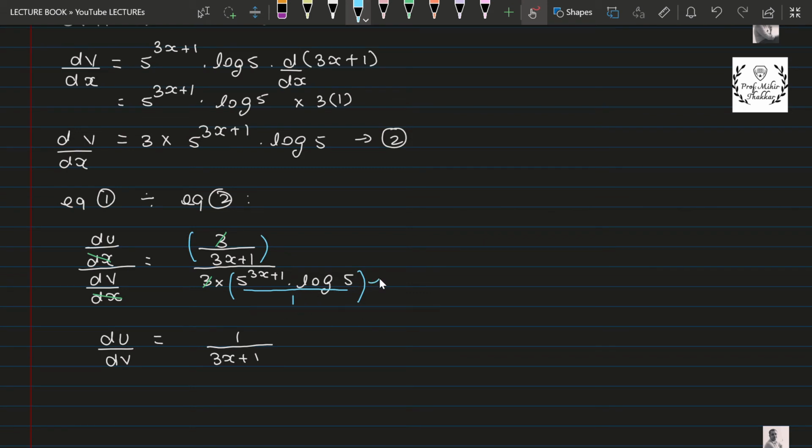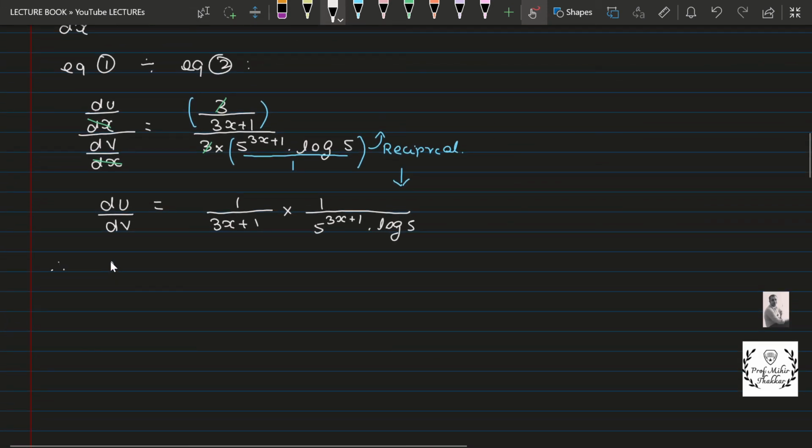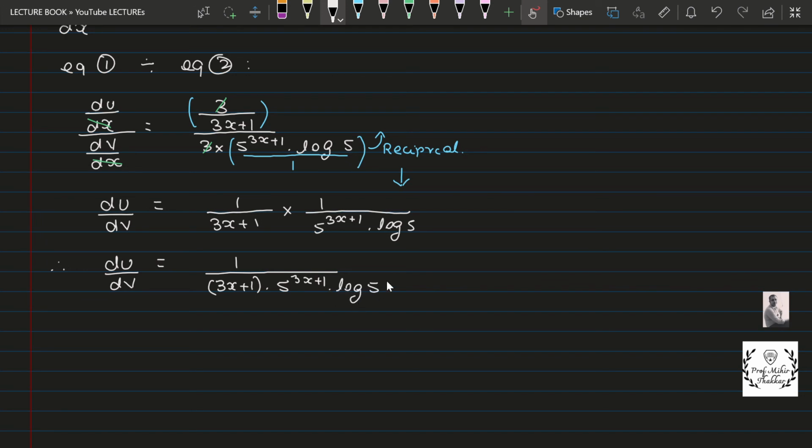So denominator, if I take in the numerator, it becomes reciprocal, and therefore what I will get over here is 1 upon 5 to the power 3x plus 1 multiplied by log 5, and hence my answer comes out to be du by dv is equal to 1 upon 3x plus 1 into 5 to the power 3x plus 1 multiplied by log 5.